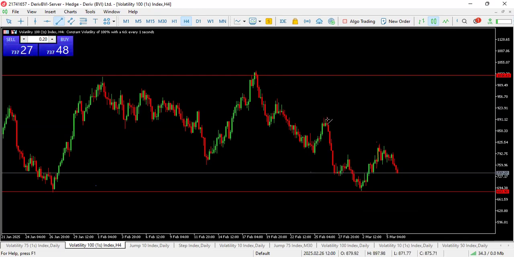But because of this downtrend, you want to draw your trend line to accommodate this sell. So let's say you have something like this. Okay. Now you're looking for an entry.